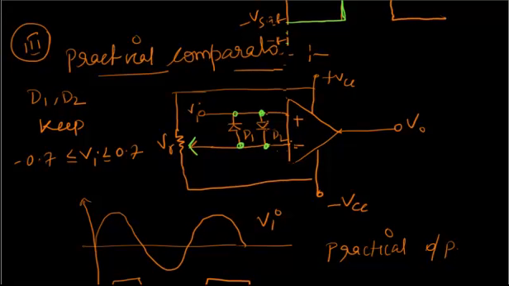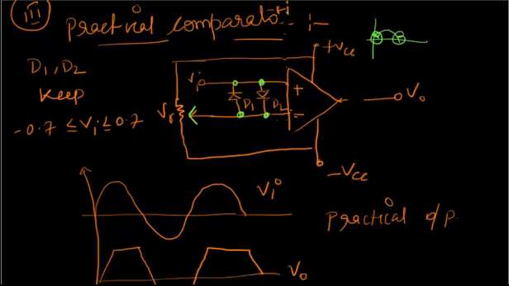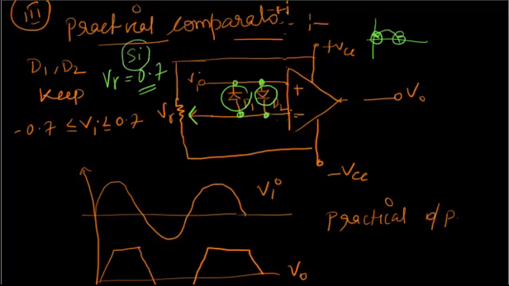The diodes are used here because, as I told you, even for the smallest change in the input, the output will be Vsat. So we don't need to apply a large voltage, even the smallest voltage is enough. The voltage across the diode, V gamma, the cut-in voltage, if you remember, is always 0.7 for silicon.